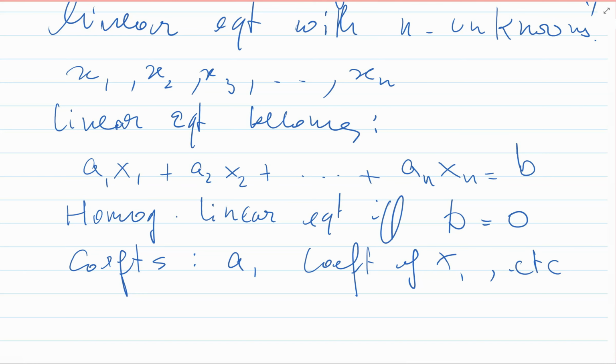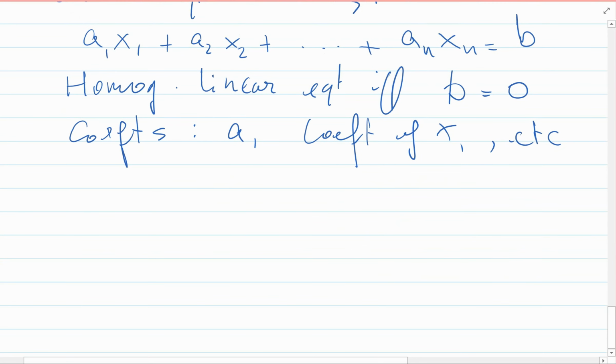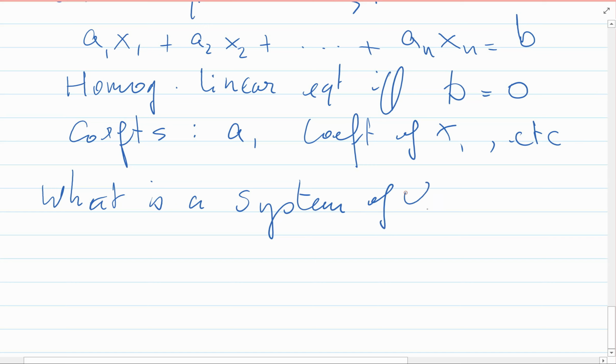Now that we have defined the concept of a linear equation, what is a system of linear equations? It's clear what it is. You have a bunch of linear equations and you put them together. So basically, a system of linear equations is a certain number of linear equations together.